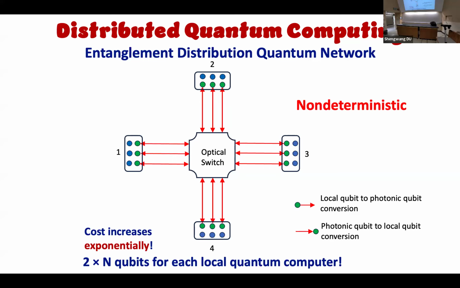The calibration protocol involves measurement, but it's deterministic, because you do something depending on the result of the measurement. I think the teleportation scheme is very similar to this. You have entanglement between green and green, then you do the local measurement, and based on the measurement, you send the result to here. In principle, if you can measure everything, it can work.